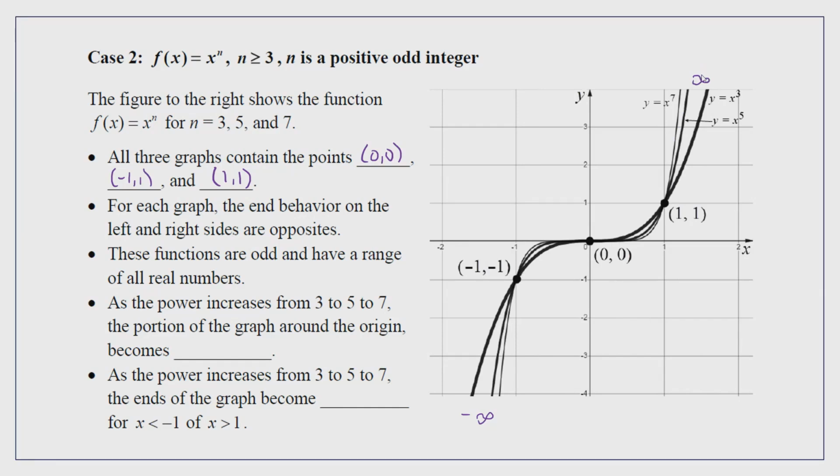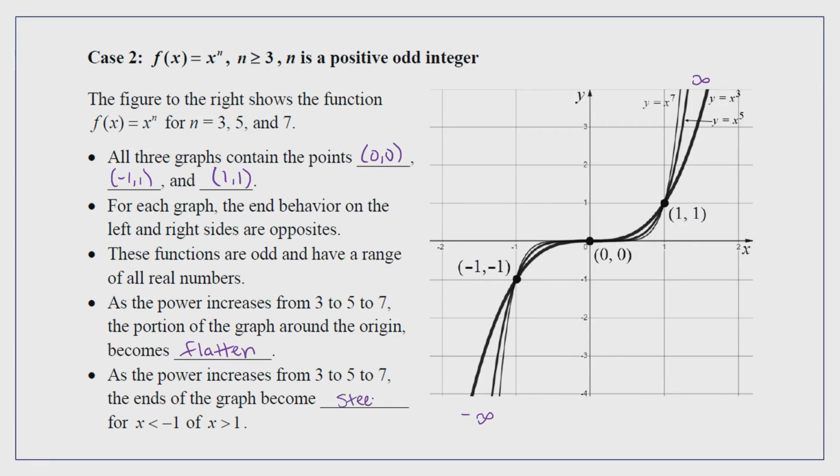These functions are odd and have a range of all real numbers. As the power increases from 3 to 5 to 7, the portion of the graph around the origin becomes flattened. So that's similar to the positive even integer. As the power increases from 3 to 5 to 7, the ends of the graph become steeper.